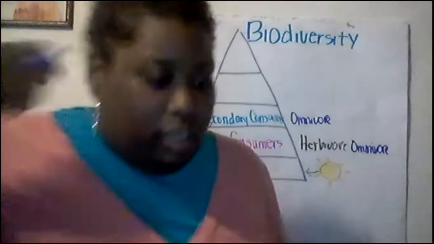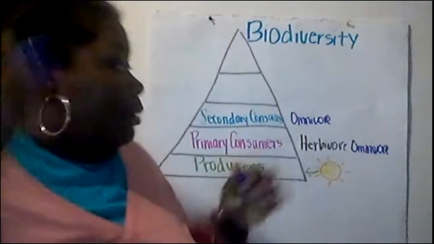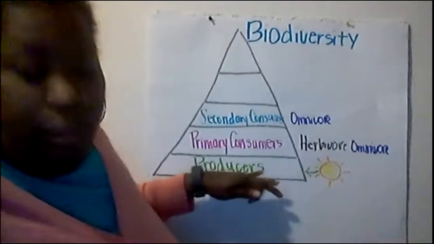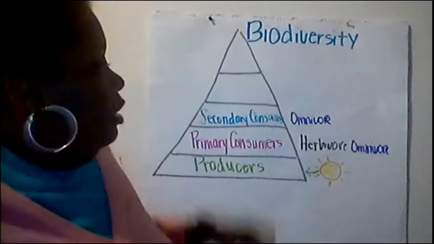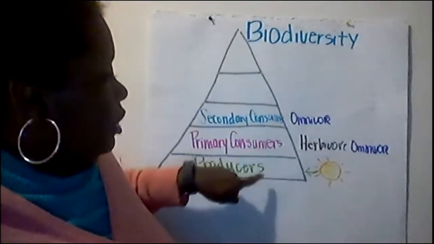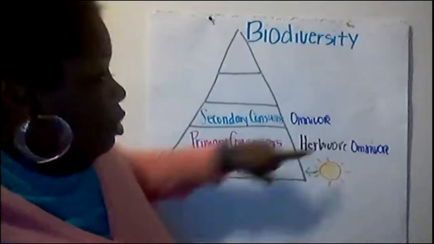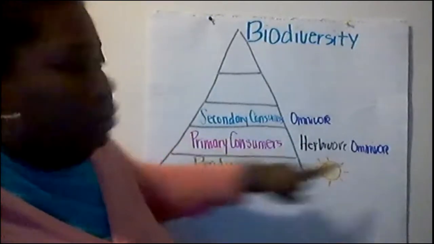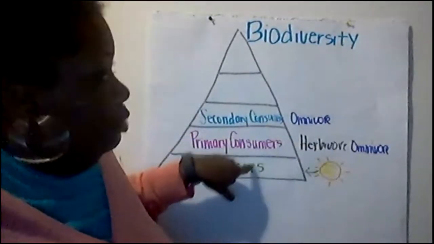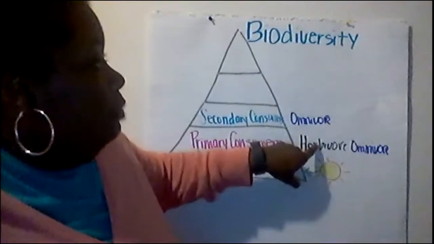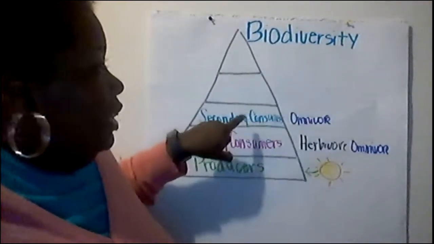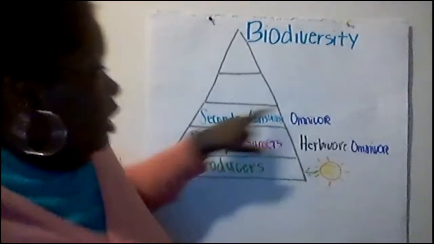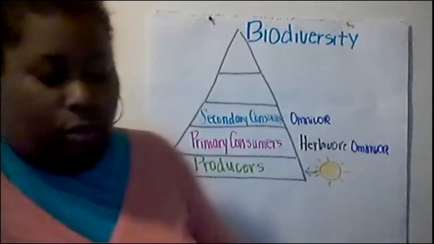All right, so omnivores eat producers, and they also eat other animals. But only herbivores eat producers. So herbivores can be primary consumers, or omnivores can be primary consumers. But herbivores cannot be secondary consumers. However, omnivores can be secondary consumers because omnivores can also eat herbivores.